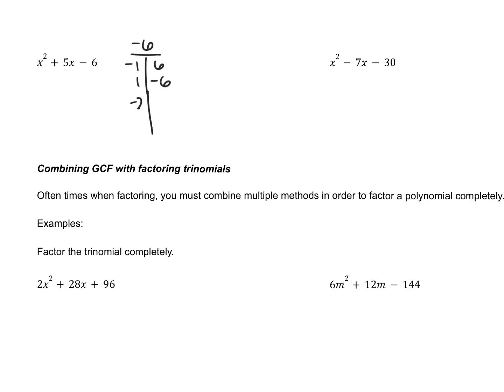I can also have negative 2 and 3 and 2 and negative 3. When I'm looking to see which factors it is, I need my numbers to add to a positive 5, and the only way I'm going to add to a positive 5 is if I have negative 1 and 6. So I'm going to have x minus 1, x plus 6.